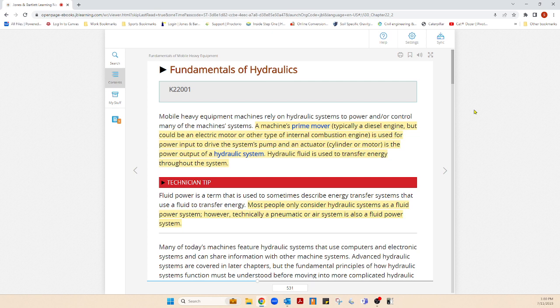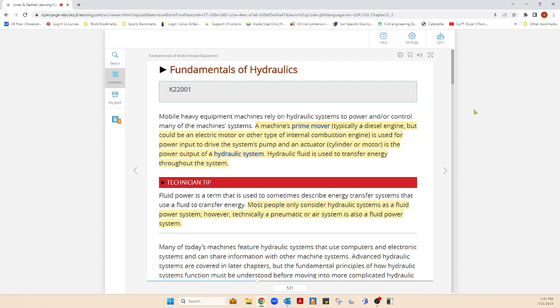Let me start the sentence. The machine's prime mover, typically a diesel engine, but could be an electric motor or other types of internal combustion engine, is used for power input to drive the system's pump and consequently the actuator or the cylinder, as we're more familiar with, like the lift cylinder on a loader or the dump cylinder on the bucket, or a motor such as hydrostatic drive, a subject we won't go into very much.